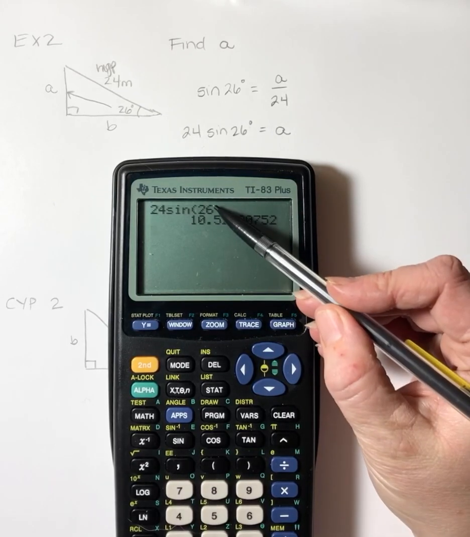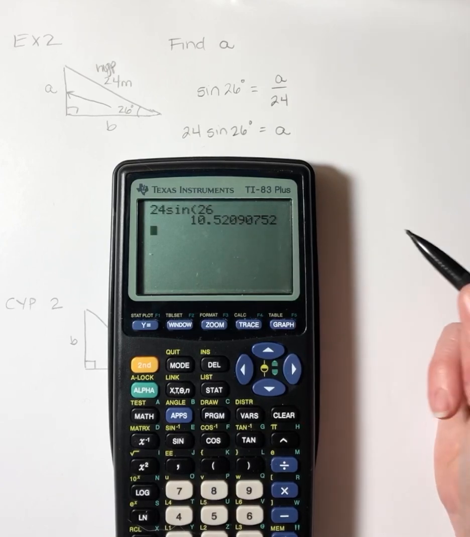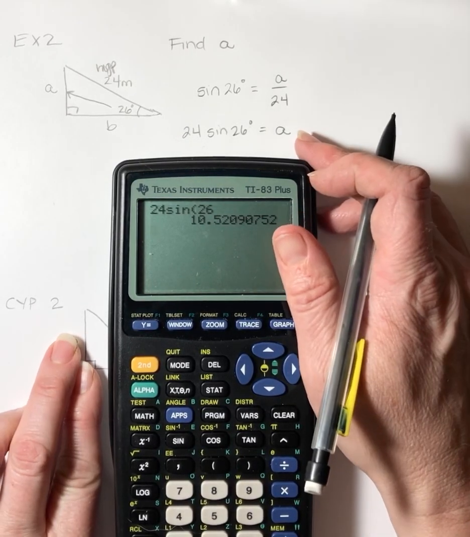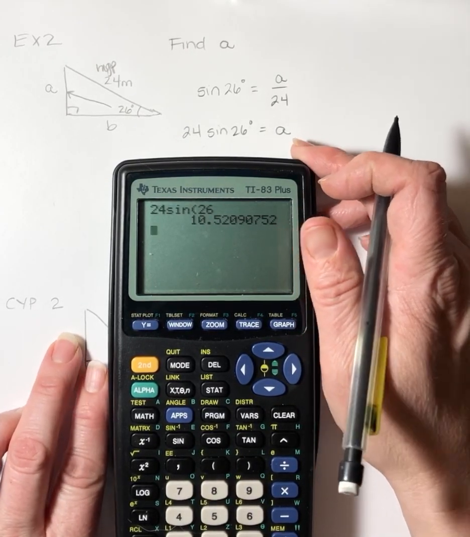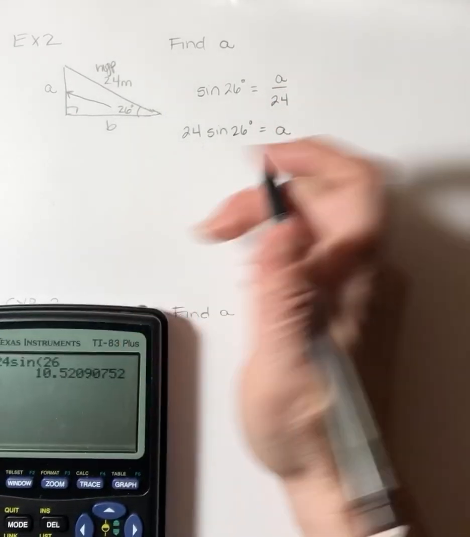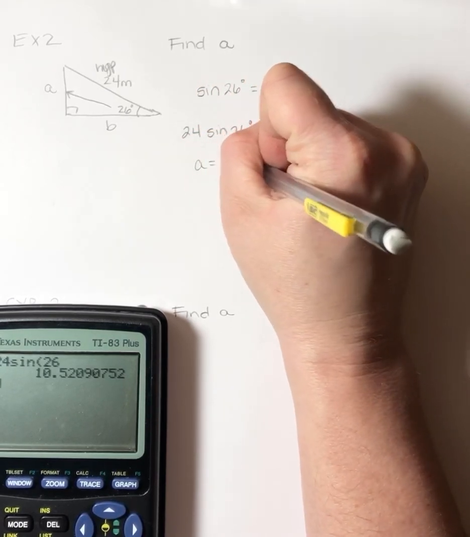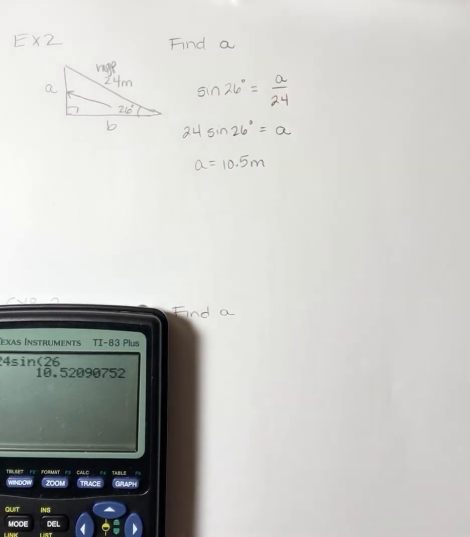You don't have to type in a degree mark because my calculator knows that this is going to be in degrees. So I am going to the nearest tenth of a meter, so 10.5 meters, okay?